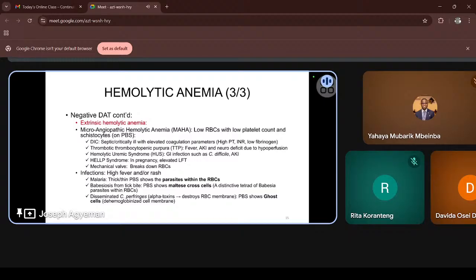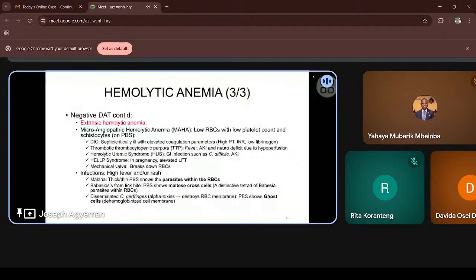This can happen in critical illness, when the patient is critically ill and qualifies for ICU care. You can get disseminated intravascular coagulation, where the person has reduced hematopoietic parameters, or increased, such that the person is prone to bleeding.